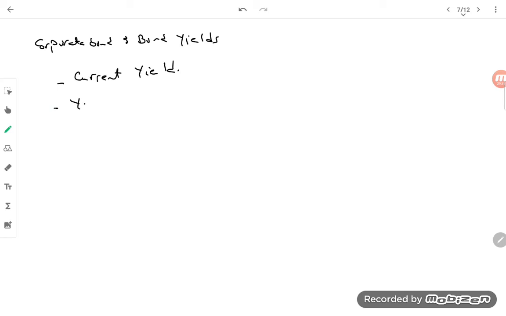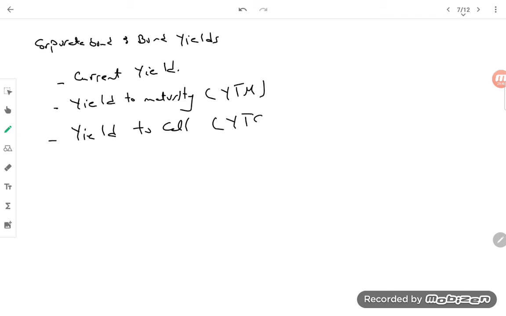Number two, yield to maturity. And number three, yield to call. In the next part, we have to talk about the three different types of yields. Let's start with bond price in order to be able to understand what current yield is. Bond prices.